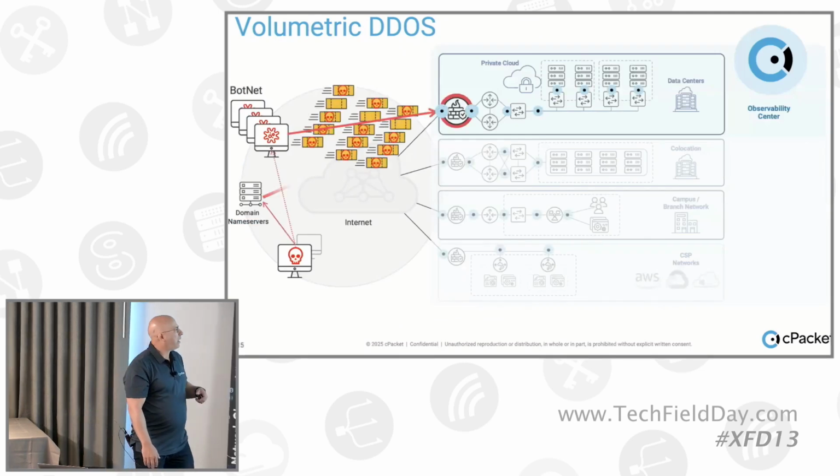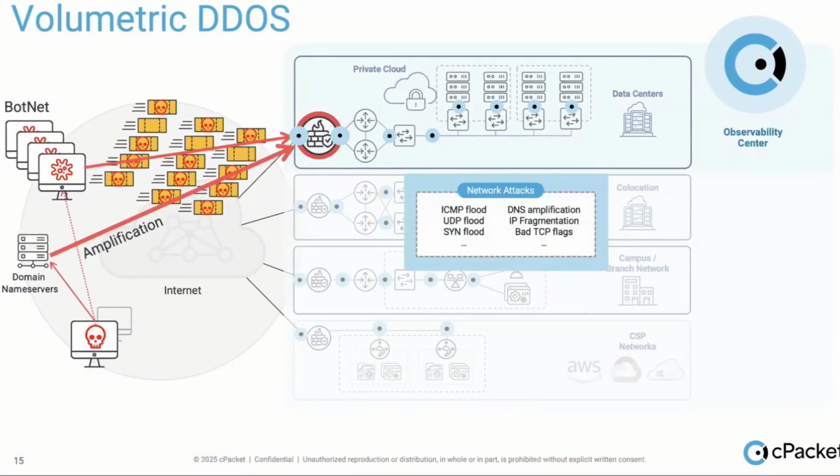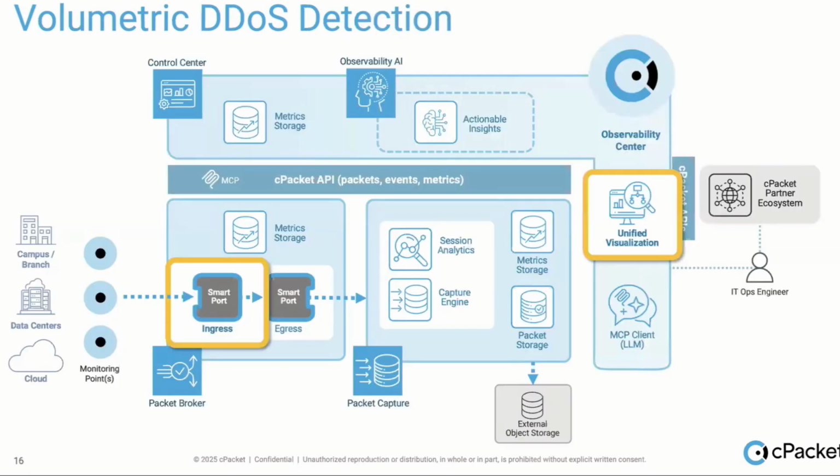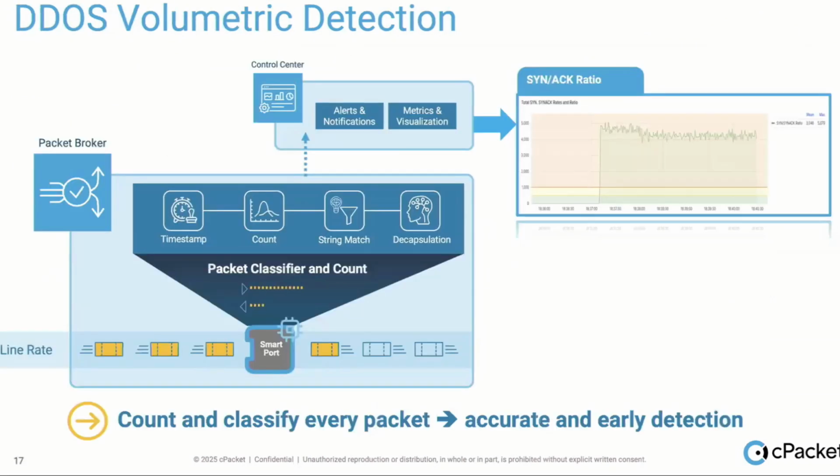The second example is all the different volumetric DDoS attacks. Whether it comes from a big botnet sending a huge amount of SYNs, or DNS amplification where they leverage a DNS server to send you much bigger DNS responses, all of that is hitting our monitoring point. Just by the mere fact that we're able to count everything, we can very quickly generate counters that tell us what the ratio is.